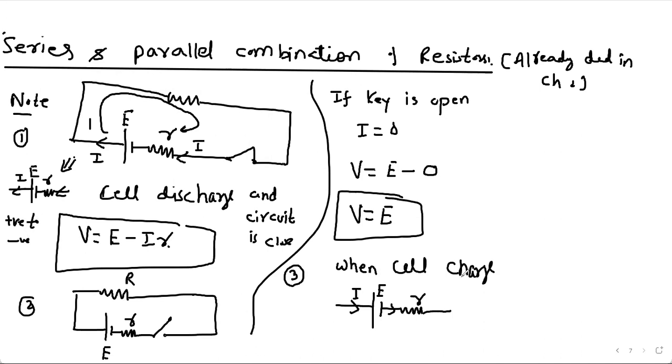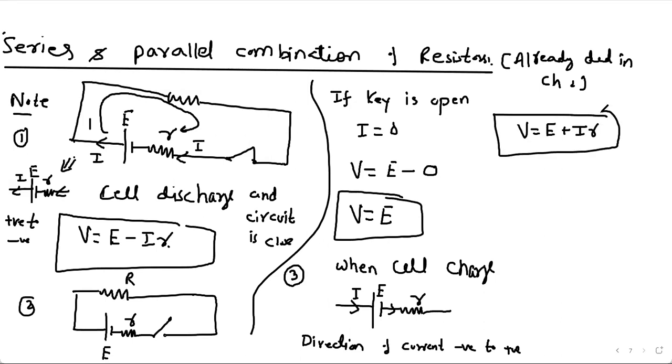But when the cell charges, the direction of current gets reversed. It's from negative to positive, and the terminal potential difference is E plus Ir. It's not E minus Ir, it's E plus Ir.